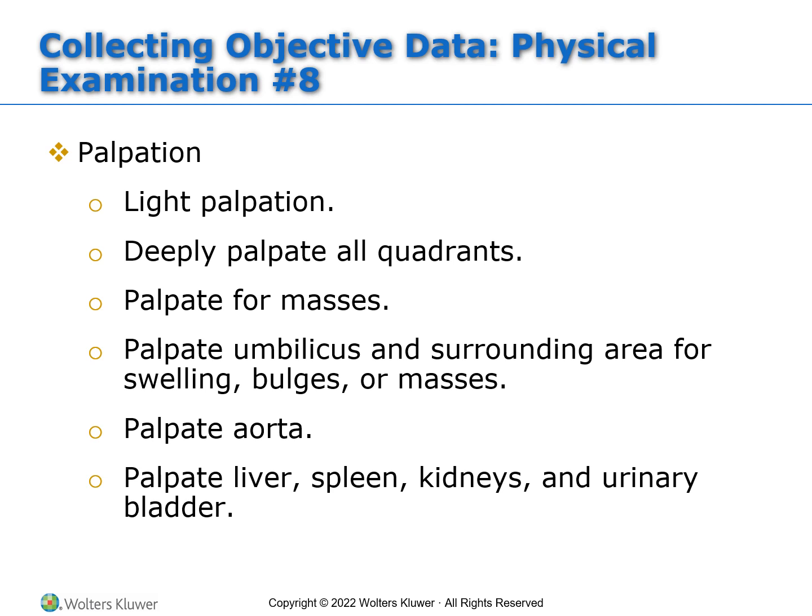To avoid traumatizing and possibly rupturing the organ, be gentle when palpating an enlarged spleen. Alternatively, ask the client to turn on the right side to facilitate splenic palpation. Document the size of the spleen in centimeters below the left costal margin.